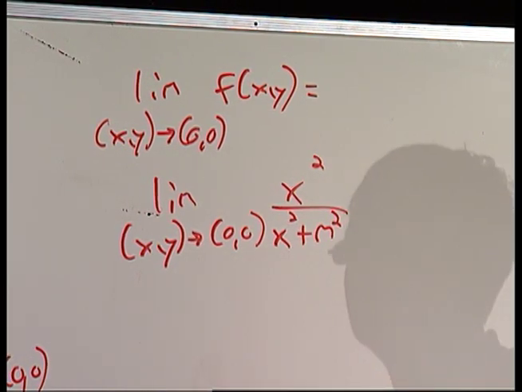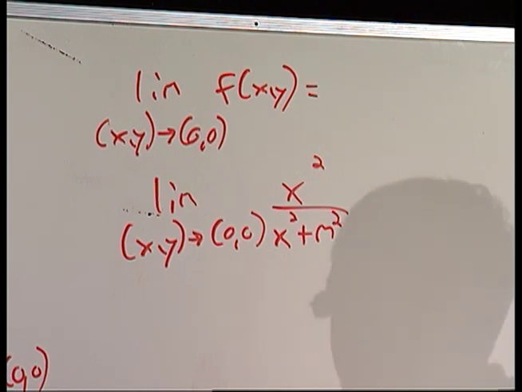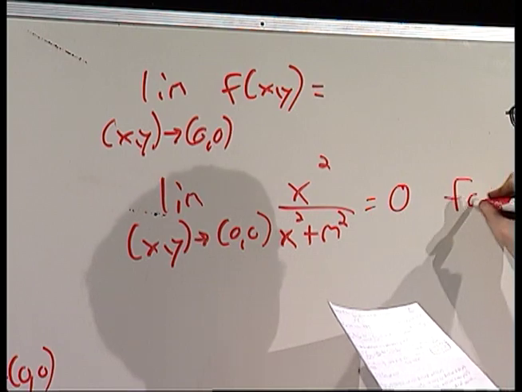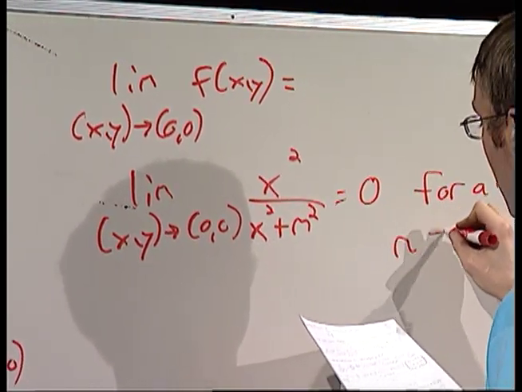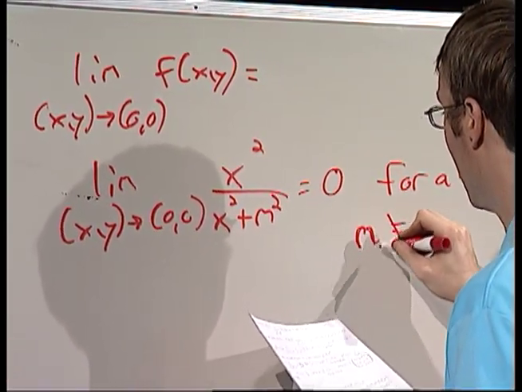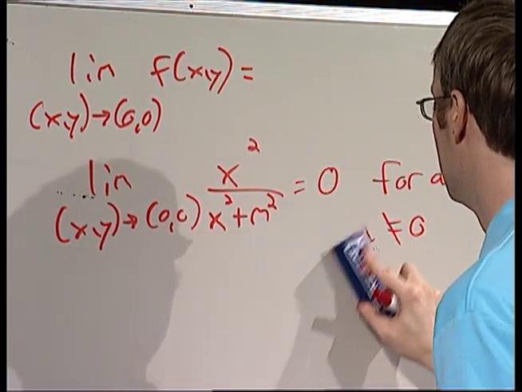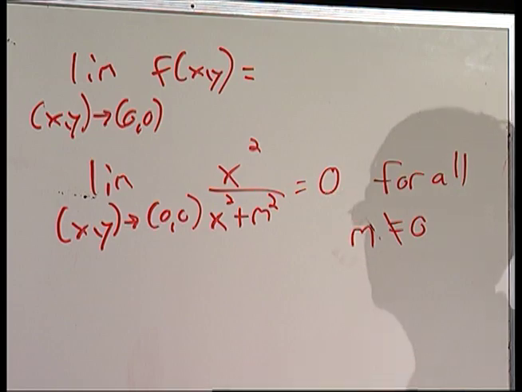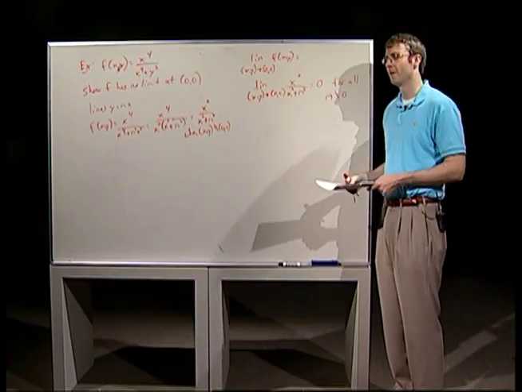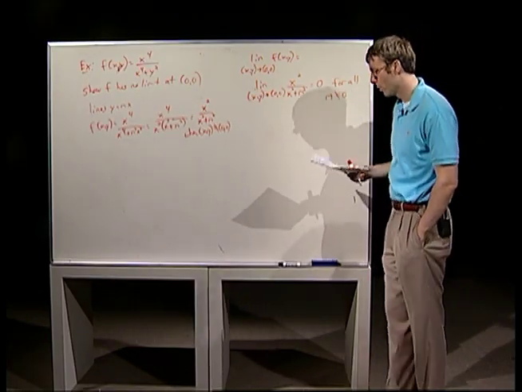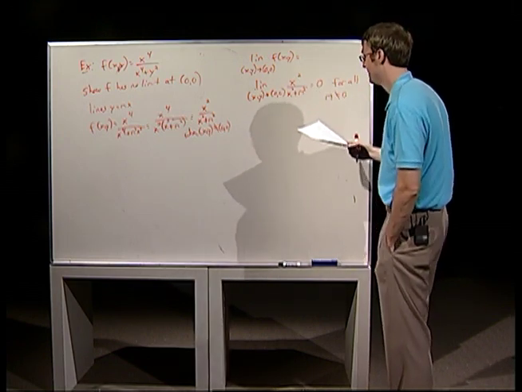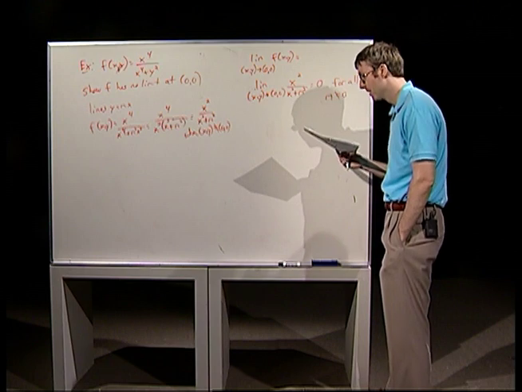The bottom is 0 plus something, which is not 0. And this is true for all m not equal to 0. Now, for m equals 0, we have a little bit of fuzziness going on because we have 0 over 0, right? That's one of those indeterminate forms. But for all m not 0, the limit's actually 0 here, right?